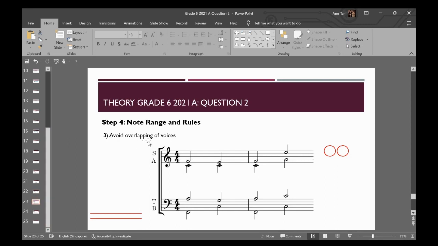We avoid overlapping of voices as well. So let's take a look at the two examples that I have for you in this bar. We notice that between the voices, they have their own territory, so they do not overlap.